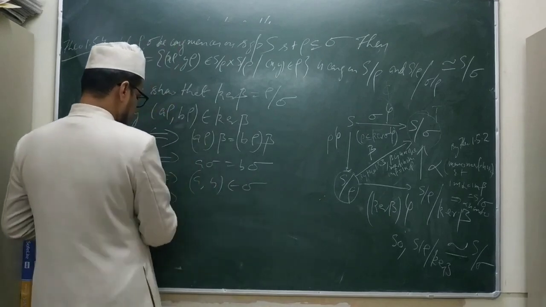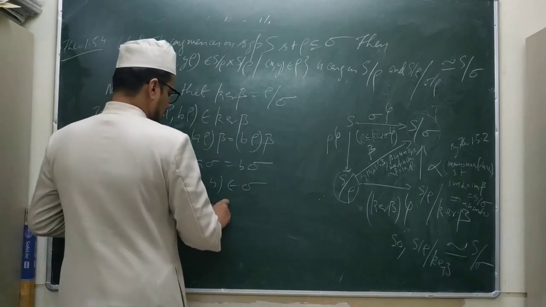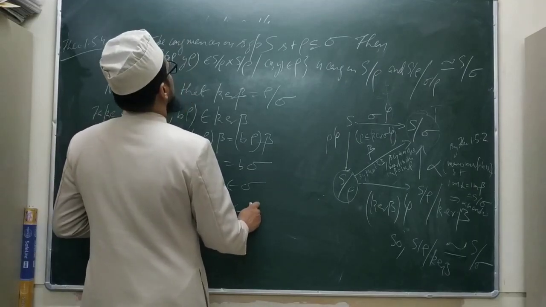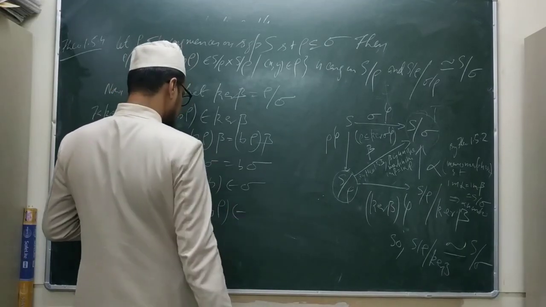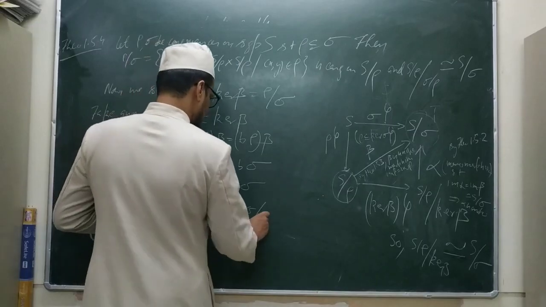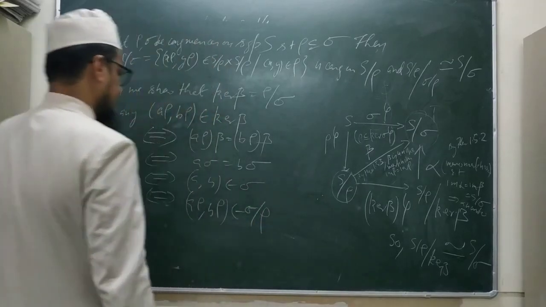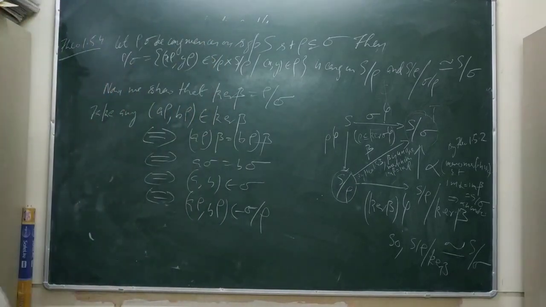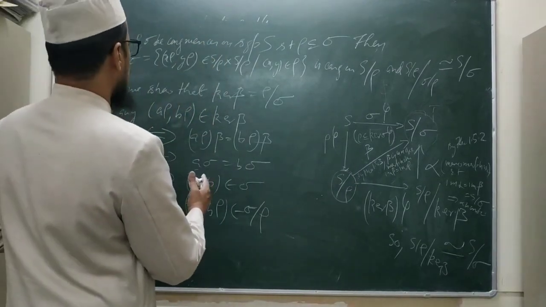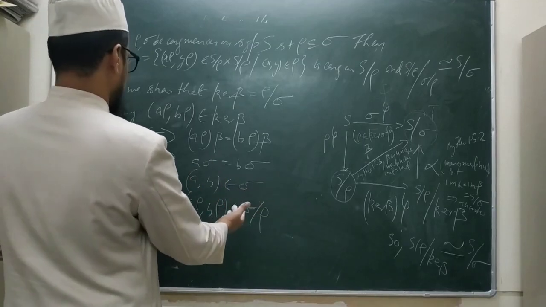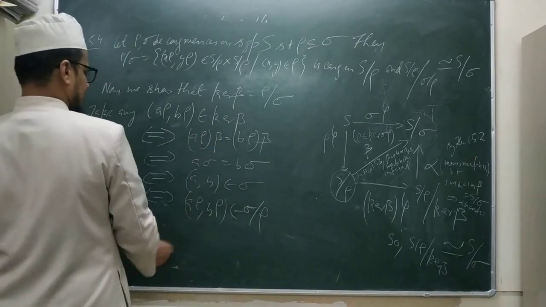It implies that A rho comma B rho belongs to sigma by rho. So A rho comma B rho belongs to sigma by rho. And it means both sides become equal.